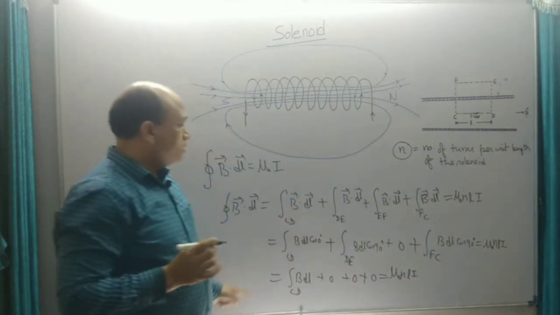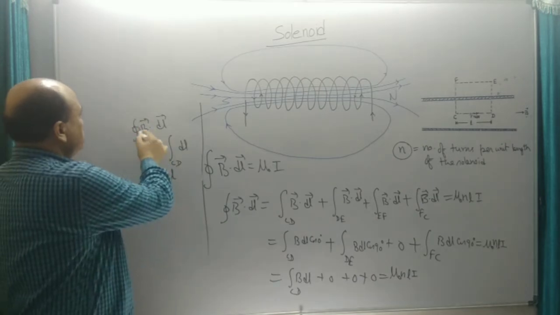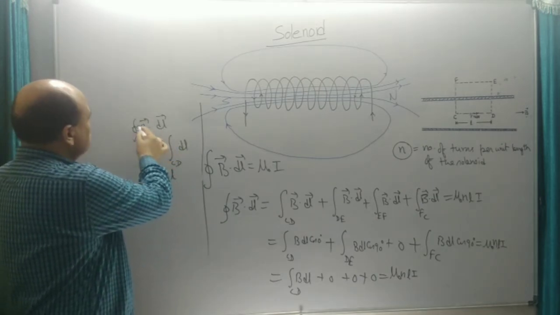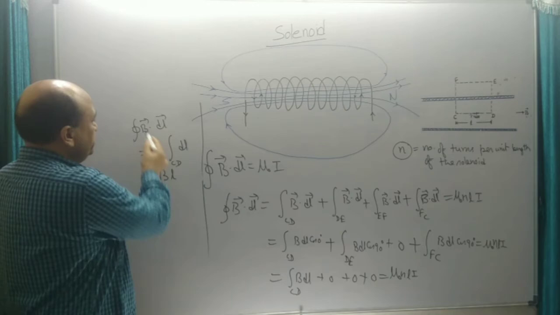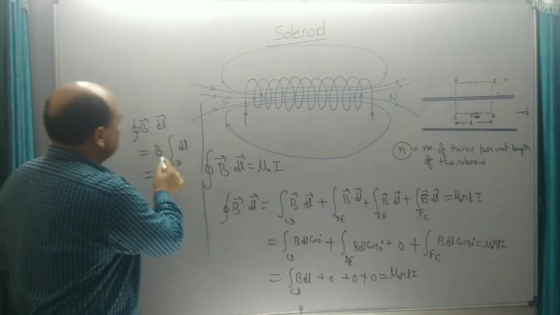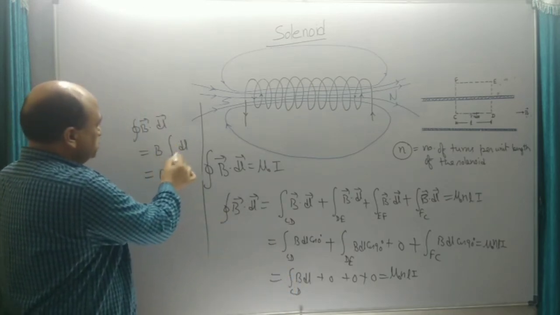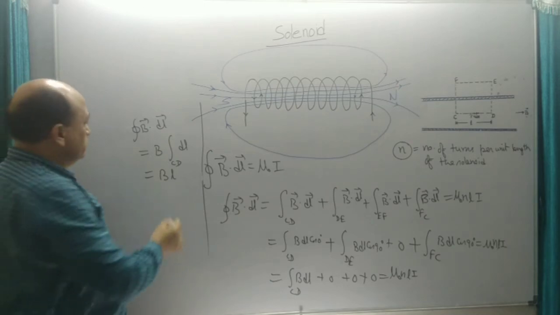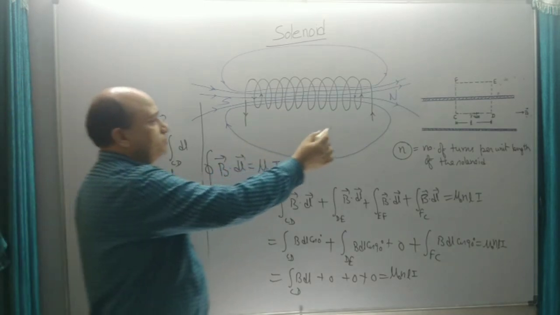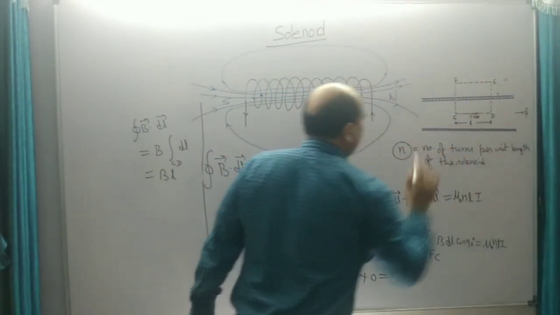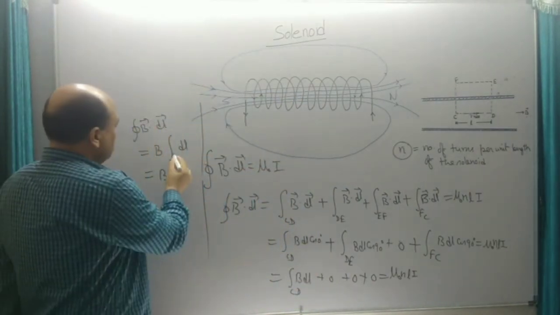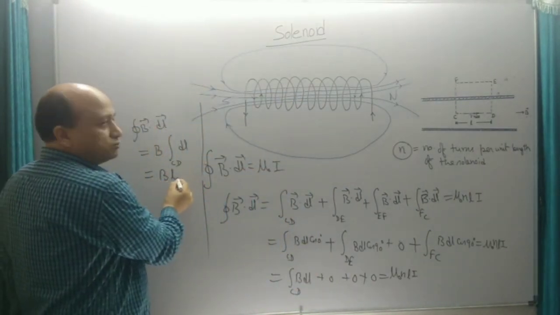So the line integral of magnetic field around the closed loop is equal to, B can be taken out as it is constant, and integration of dl about CD. The CD length of this Amperian loop is equal to L. So we can write it as B into L.